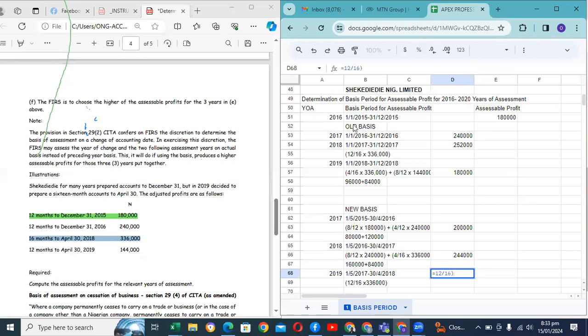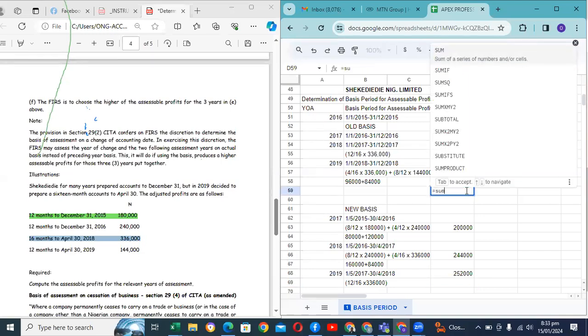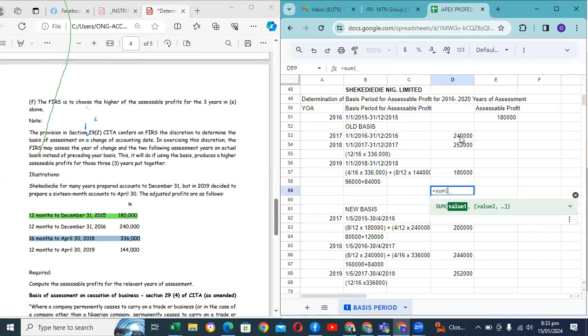252,000. The next thing you want to do now is you want to add the 3 together, Abi, to check which one is higher.